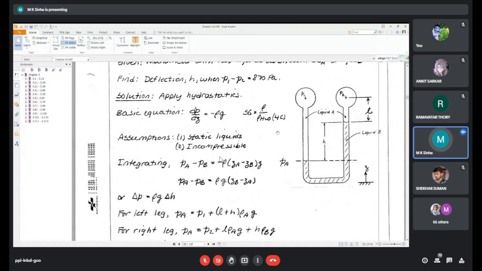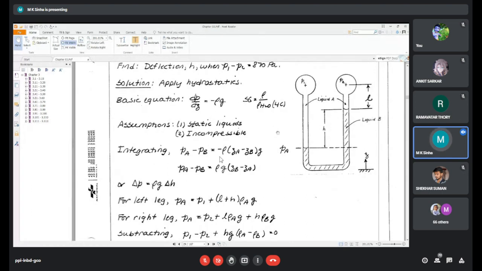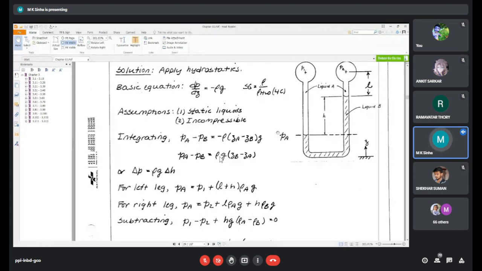So the pressure difference PA minus PB equals rho times ZA minus ZB, where Z is axial, upward. In the left leg, the pressure at A is P1 plus L plus H times the density of fluid A times g.